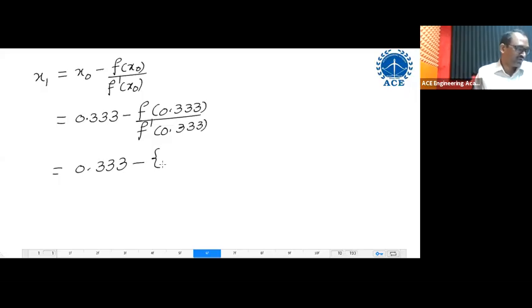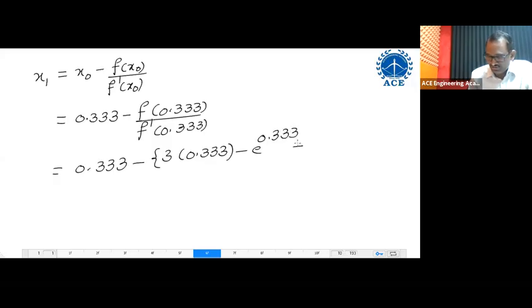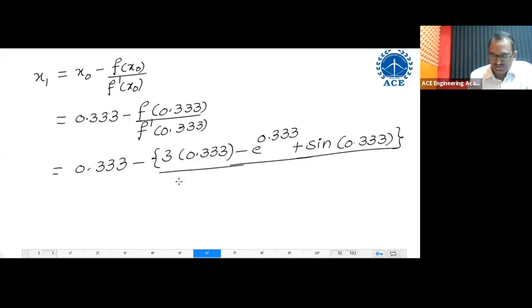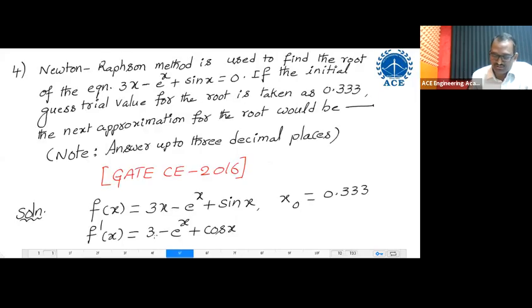Substitute this value: f of 0.333 is 3 into 0.333, minus small e value 2.718, that is e to the power of 0.333, plus sine of 0.333, by f dash of 0.333. Take x equal to 0.333 here.